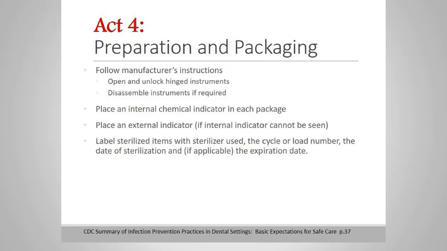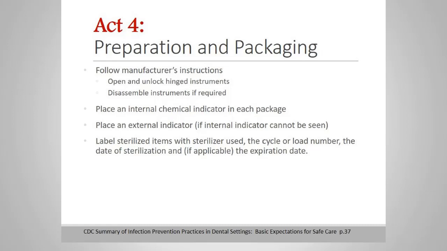Now we are on Act 4, preparation and packaging of instruments. Follow the manufacturer's instructions, open and unlock hinged instruments, disassemble if required, place an internal chemical indicator inside each package, place an external indicator if the internal indicator cannot be seen, label the sterilized items with the sterilizer used, the cycle or load number, the date of sterilization, and if applicable, the expiration date.